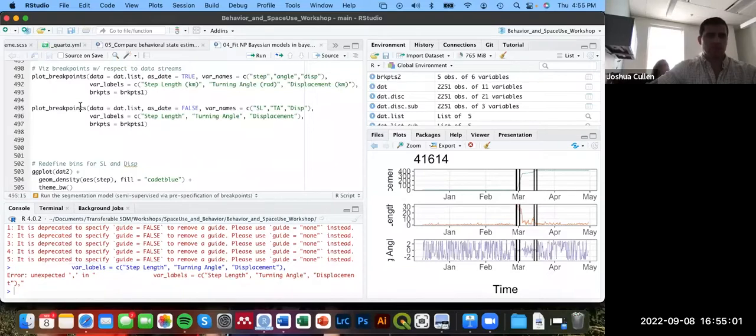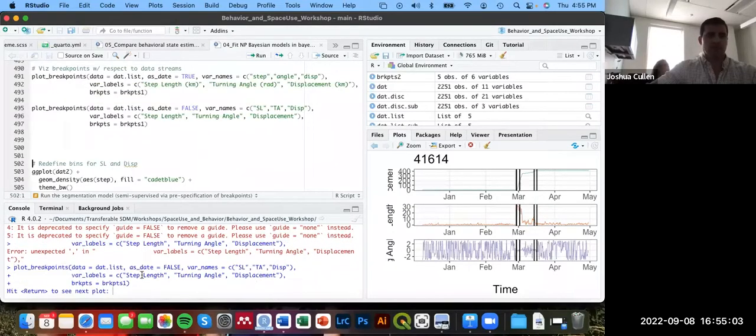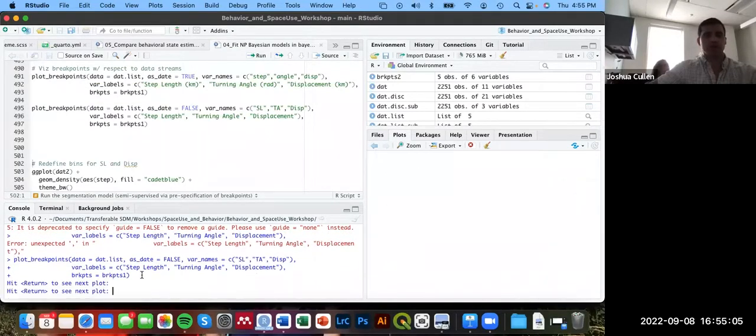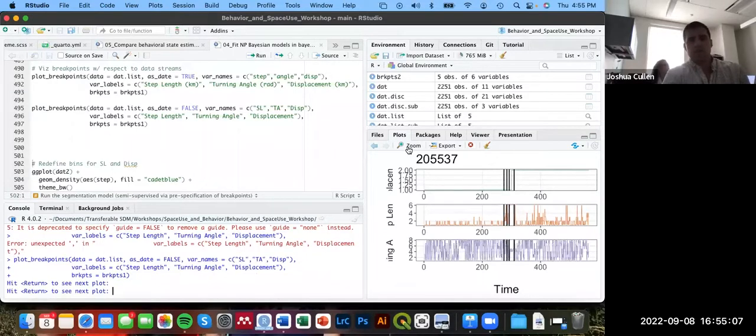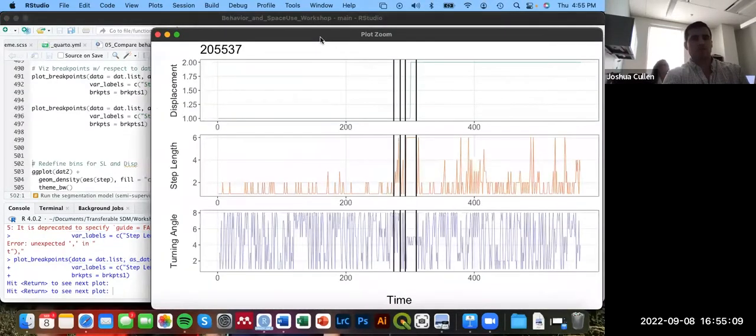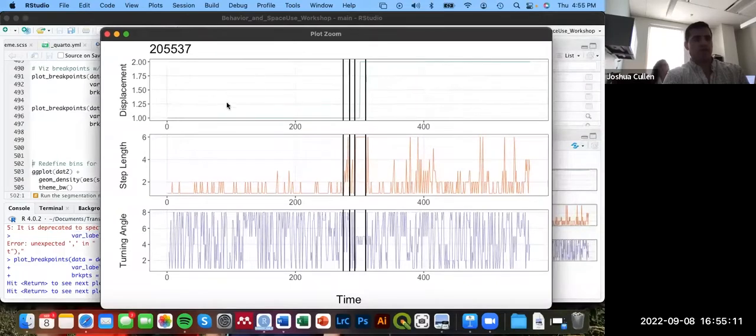If we look at the discretized distributions over time instead, on the x-axis, time is now just the row number, and instead of the actual value for each of these movement variables, it's the bin number. It actually seems to make some sense in terms of where it's highlighting some of these changes, although at least in this particular individual, there's nothing major changing in our interpretation.